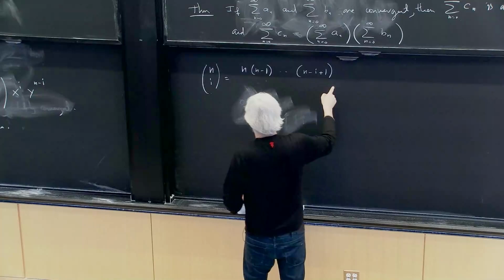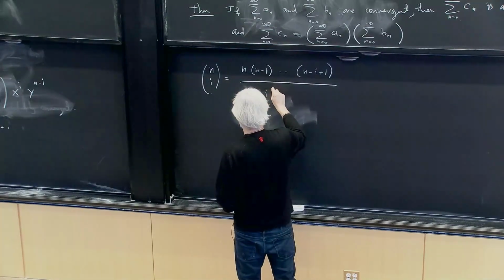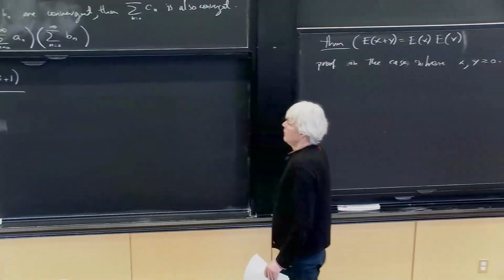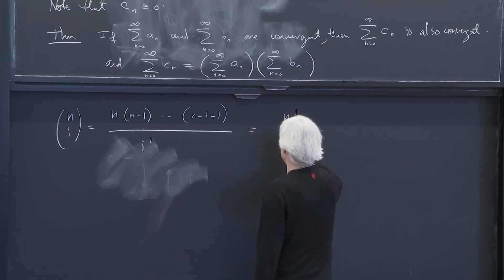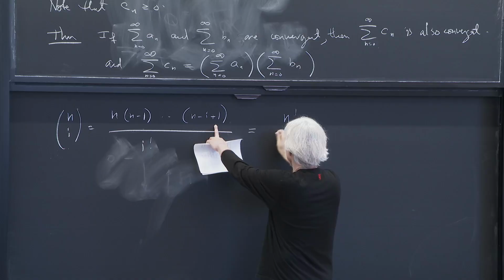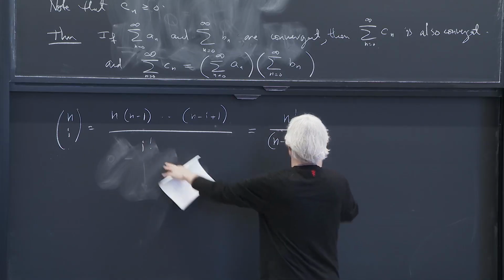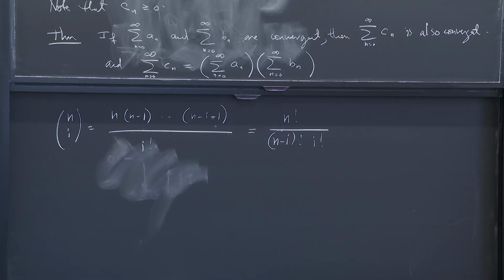This gives you i elements, divided by i factorial. But you can write this as n factorial. If you do that, then you included too many, so you have to divide by (n minus i) factorial. And then, of course, you still have the i factorial in the denominator. So you can write it like that.